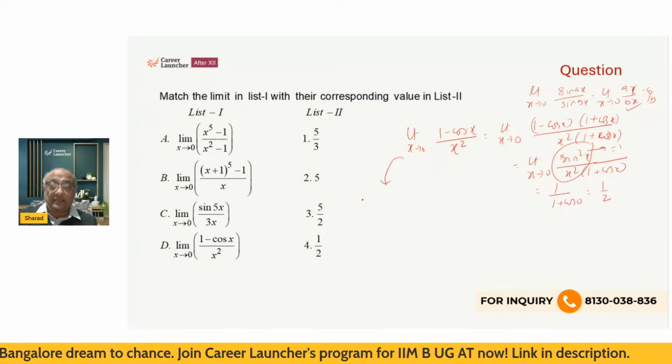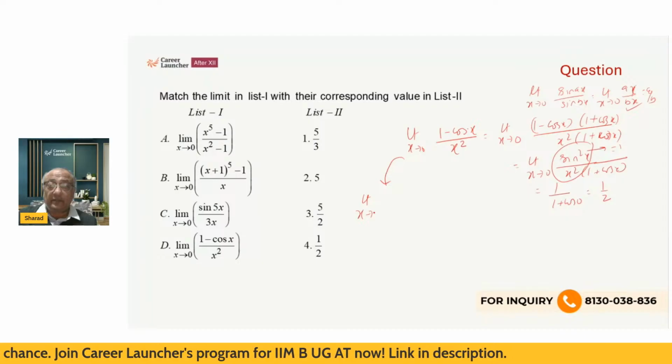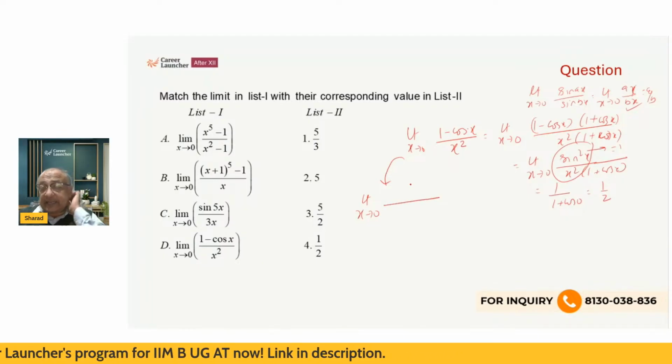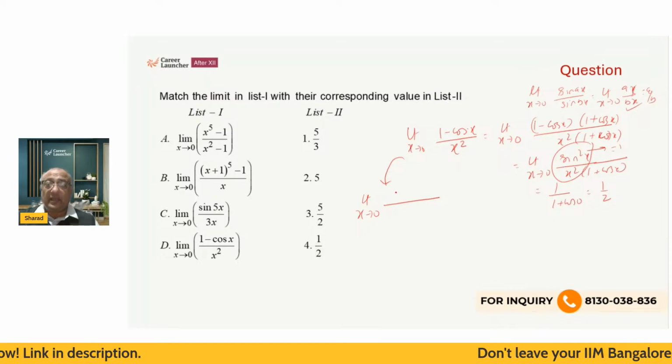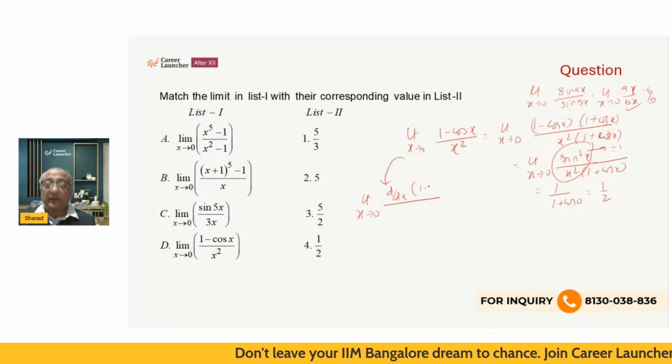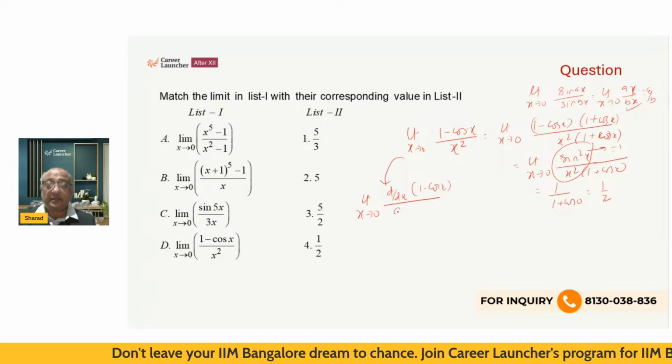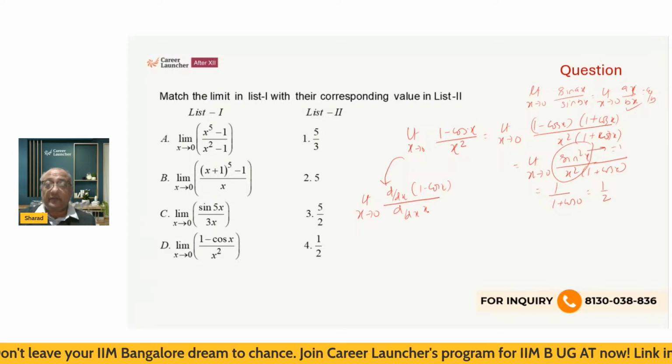The other method which most of you would have learned: let's take 1 minus cos x, which can be written as 2 sin squared x by 2. Let's not do that also. Let's differentiate this. This will become the differentiation of 1 minus cos x, and this will be the differentiation of x square.